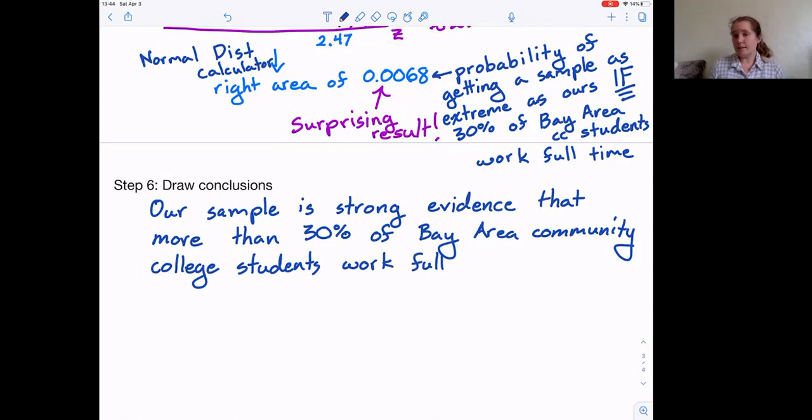Now, it's not guaranteed. It's possible that if it is actually 30%, we do have a 0.0068 probability of getting such a sample, or one more extreme. So that's about a 0.68% chance of picking such a sample, even if it is actually 30% that work full-time. So we haven't proven that it is more than 30%, but we at least have strong evidence towards that. So this is hypothesis testing. We will do more of this in future modules.